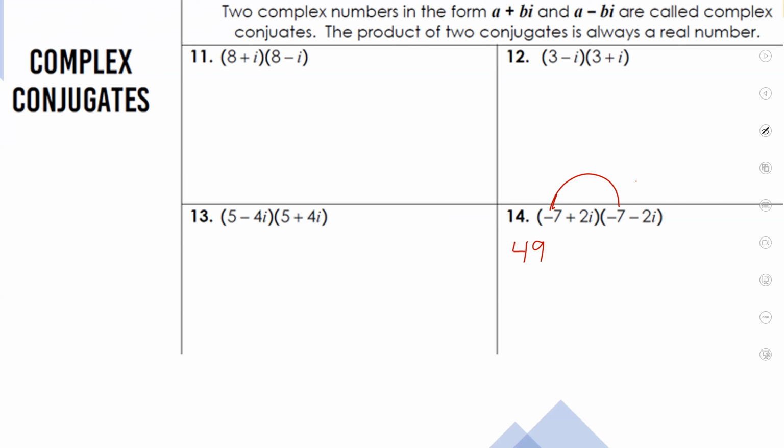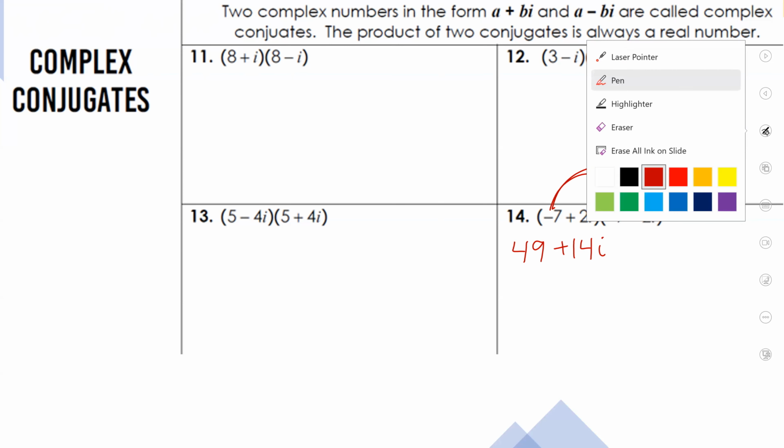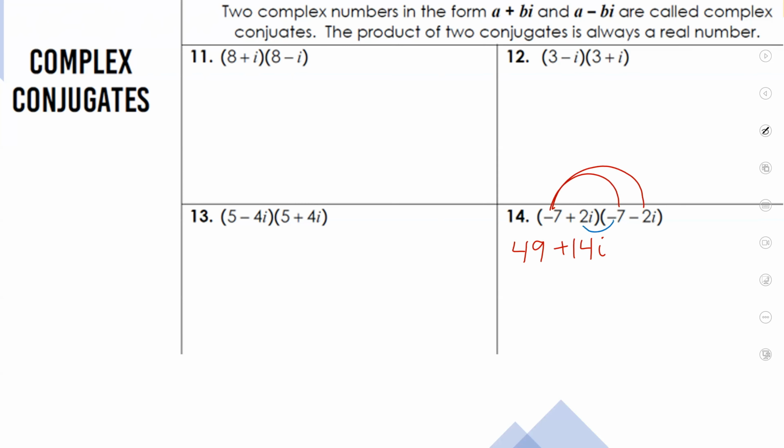Negative 7 times negative 2i is a positive 14i. Next, 2i times negative 7 is negative 14i. And then 2 times negative 2 is a negative 4, and i times i is i squared.